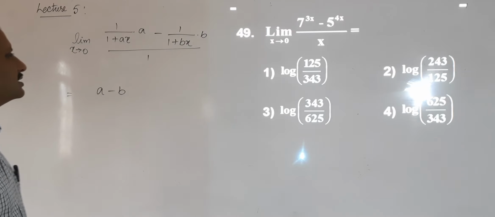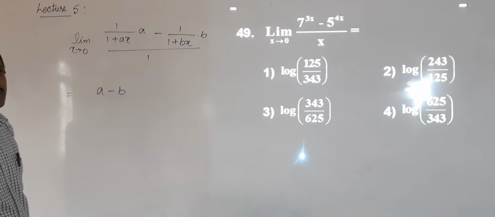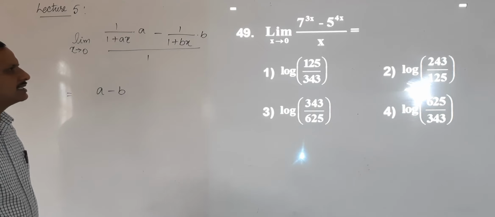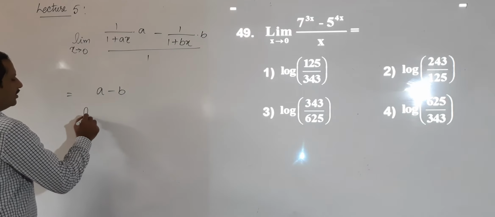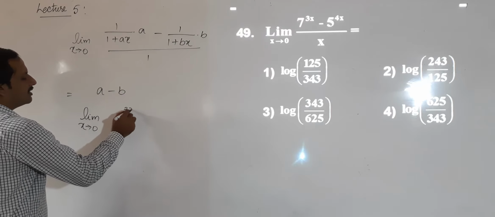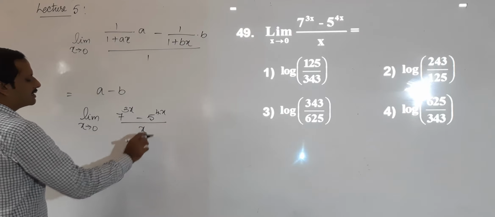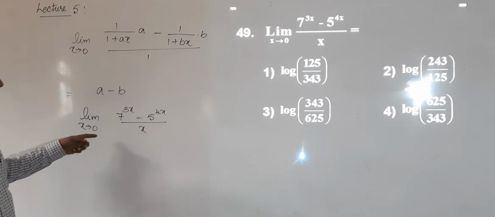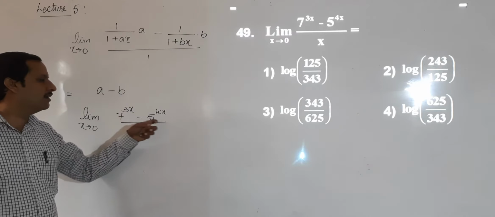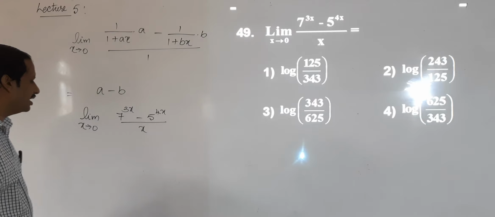Then the 49th question. Limit x tends to 0 of (7 power 3x minus 5 power 4x) divided by x. If I directly apply the limit here, 7 power 0 is 1, minus 5 power 0 is also 1. 1 minus 1 is 0, numerator 0, denominator 0.